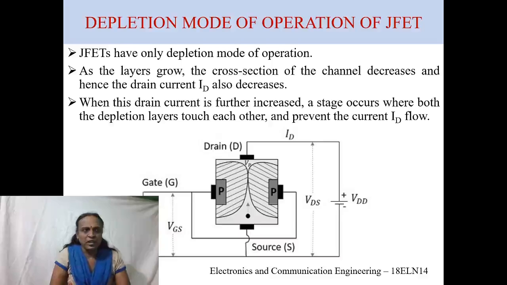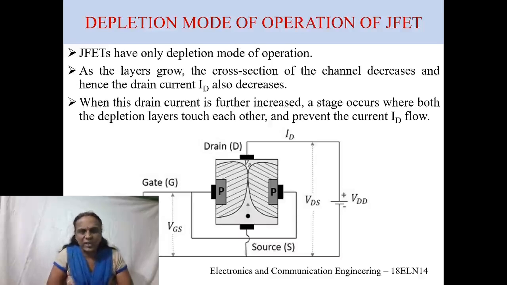Suppose at the source terminal there is some other voltage, that is, suppose the point at the drain end is B and the point at the source end is A. Then the resistance of this channel is such that there will be a voltage drop, because terminal A is greater.